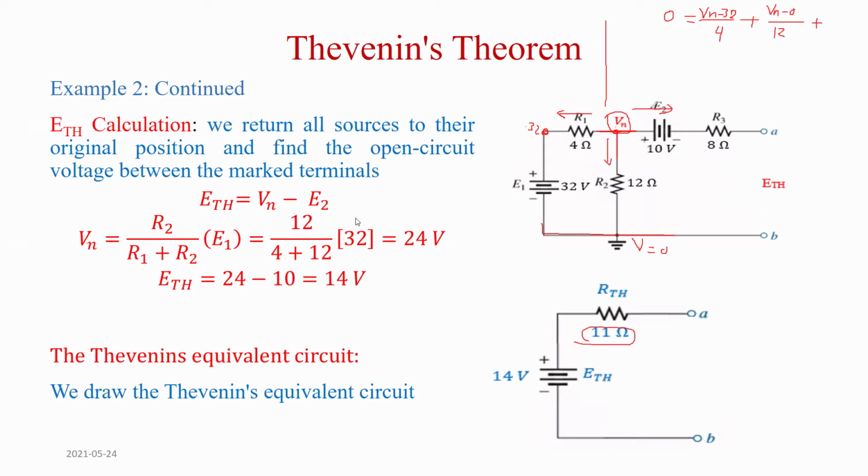Then the current going this way, what is the current going this way? What's the third current going in that branch? Can anyone tell me what is the current going in that direction to the right?